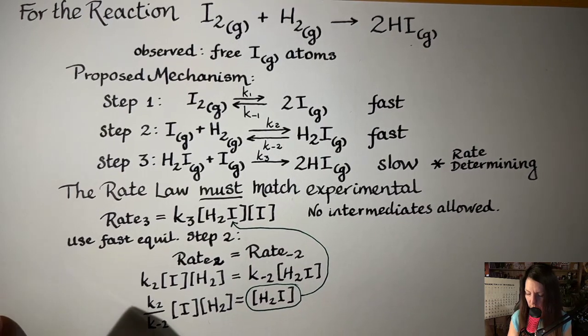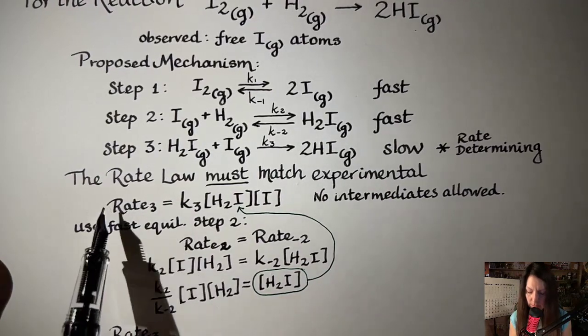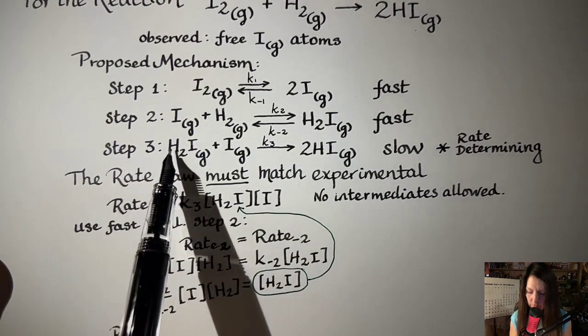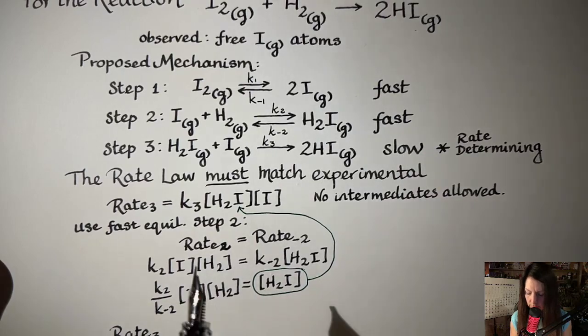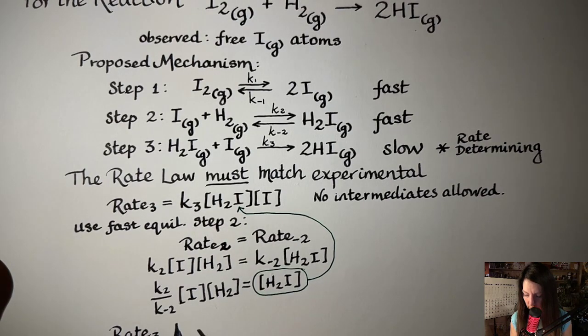So let's take a look at what that would look like. That would be the same as saying rate 3, rate law for the slow step, rate 3 equals K3 times H2I, but now we're going to put all this in instead of H2I. Okay, so let me write this out.